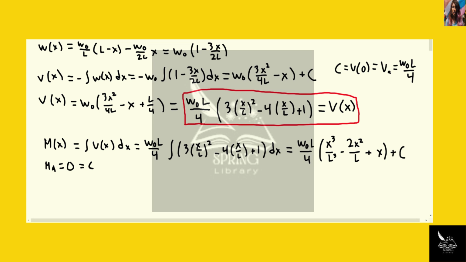So we can write our M of x as the following, where we'll factor out another L. W0 L squared over 4, and we'll have an x over L cubed minus a 2 x over L squared plus an x over L. All right, and that will be our expression for M.